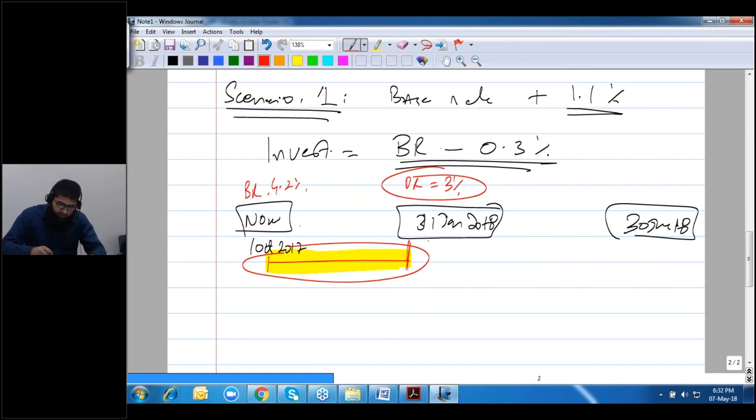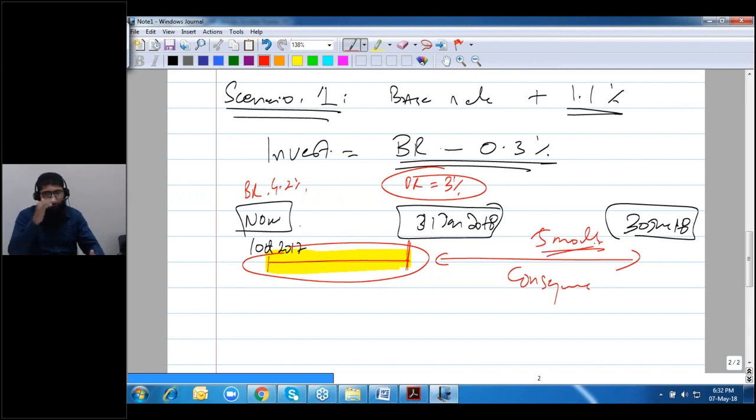Whatever the consequences are, you will bear them for the next 5 months, because if you invest at a higher rate, you will get the benefit for the next 5 months. If you invest at a lower rate, you would lose in the next 5 months.